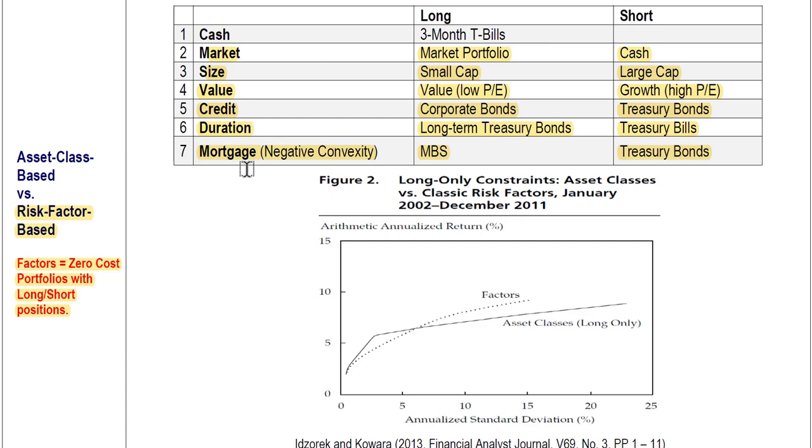Therefore, here we've got the six different types, actually five different types of factors. Of course, the first one is the cash factor, the risk-free rate. That one we know is the 3-month T-bill. You don't need to show anything. So the risk factors include market, size, value, credit risk, duration (interest rate risk), and the mortgage risk, which is the reinvestment risk.